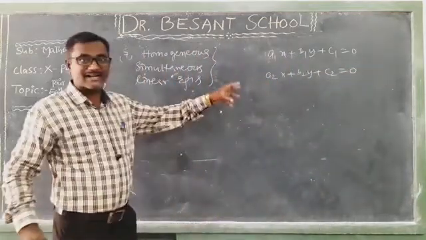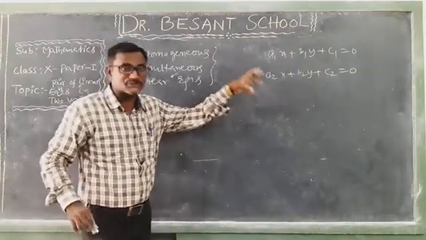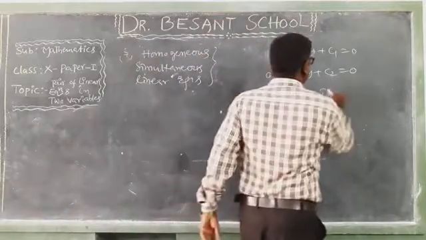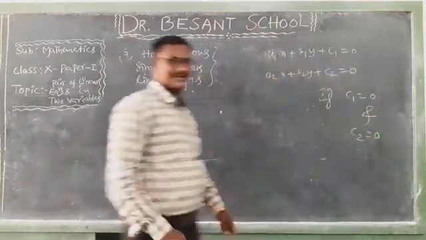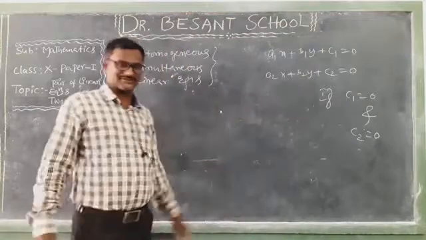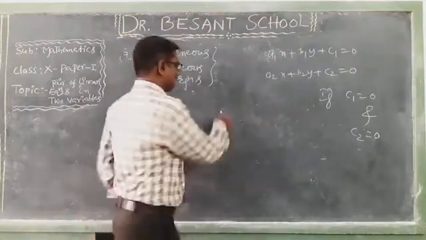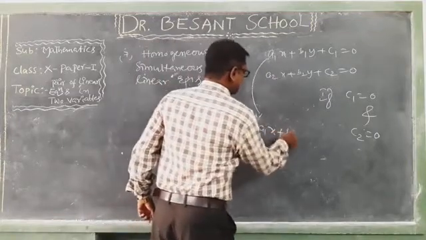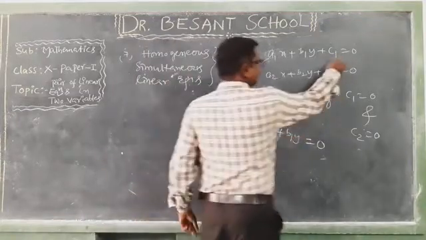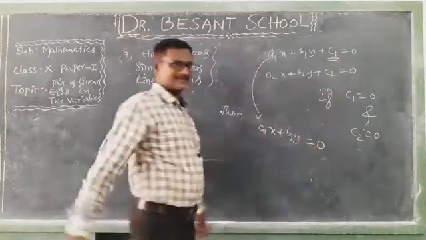In this standard form of linear equations in two variables, if c1 is equal to 0 and c2 is equal to 0, then we get a1x plus b1y is equal to 0. Why? Because c1 is equal to 0.